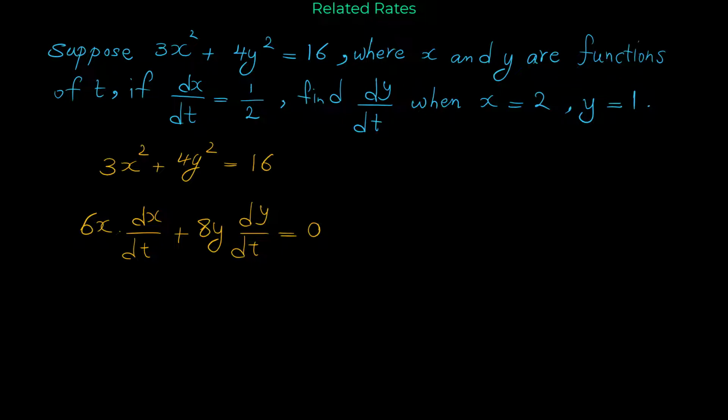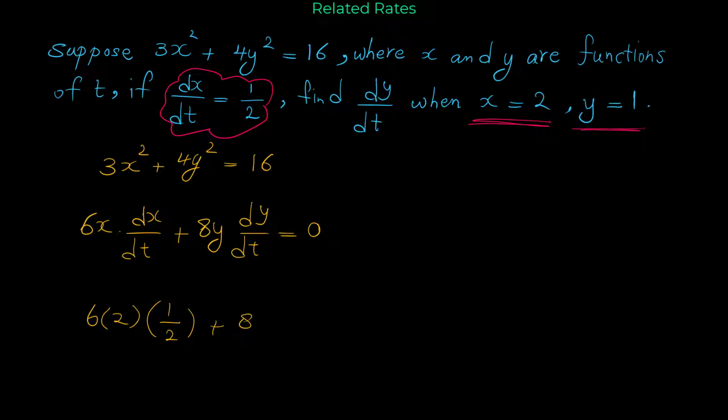Now we use the given information for finding dy/dt. dx/dt is 1/2, x is 2 and y is 1. If we use these numbers, then we have 6 times 2 times 1/2 plus 8 times 1 times dy/dt.